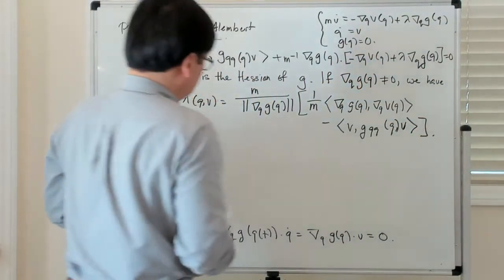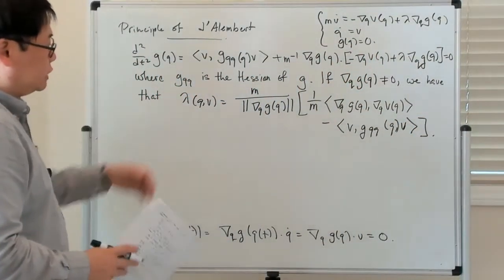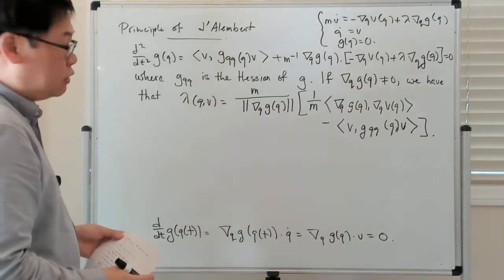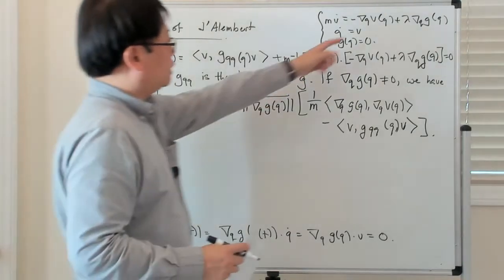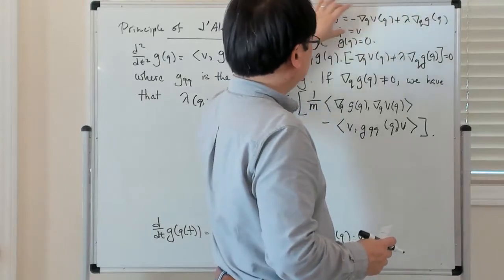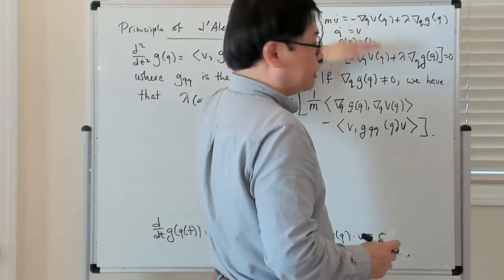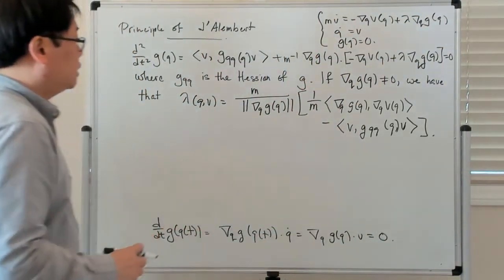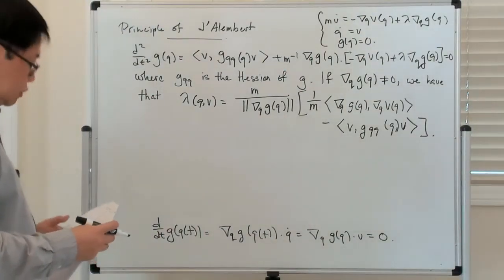Okay. All right. So anyway, you can solve for this lambda in terms of things which you know, and plug it into this, and then these two equations at the top, without the last equation, are a closed differential equation, right?